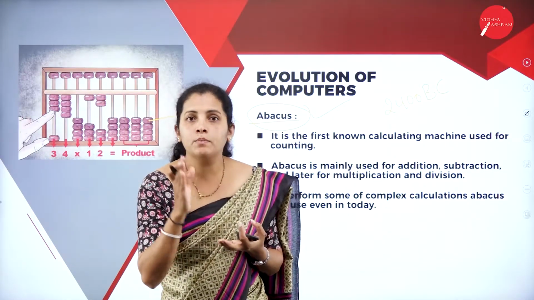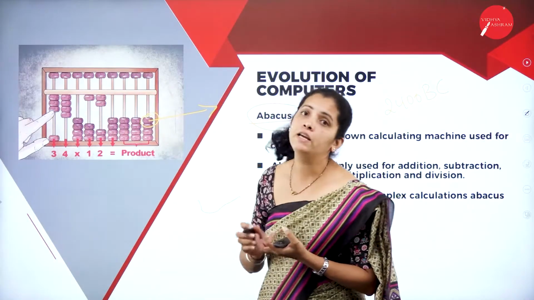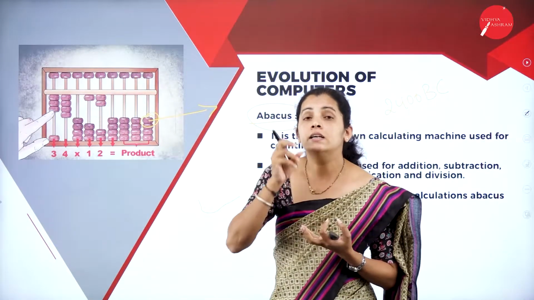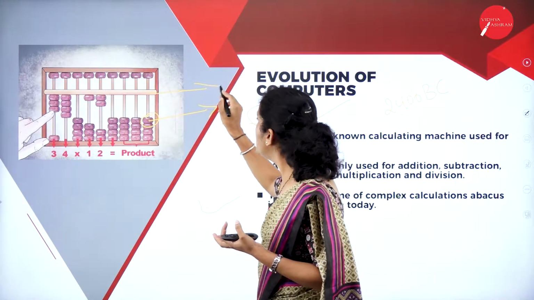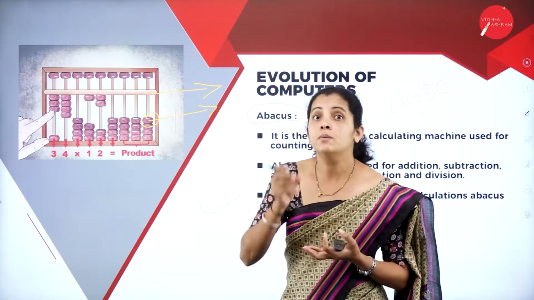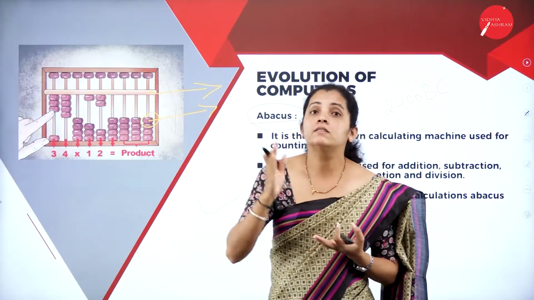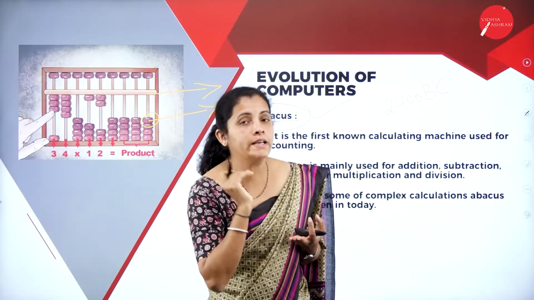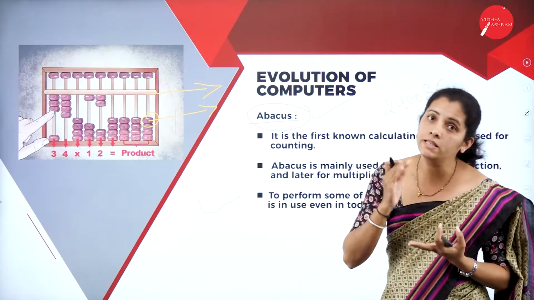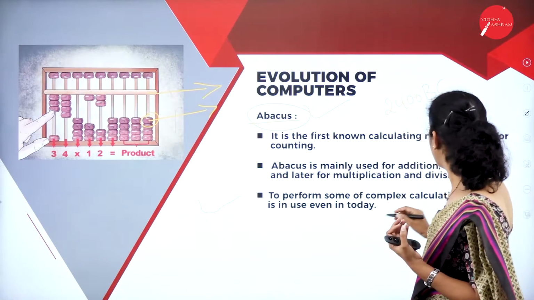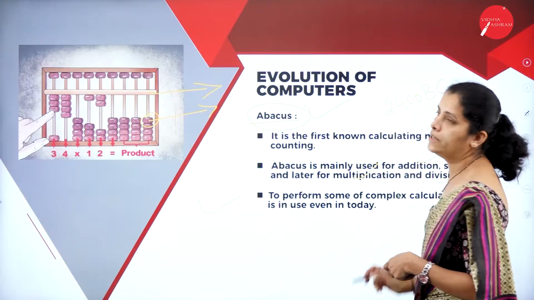Dear student, I'm going to repeat once again that the beads are mainly used to define the decimal digit, whereas the chords are mainly used to define the position of the decimal digit. And this is the first mechanical calculating device, and it is mainly used to perform basic mathematical operations like addition, subtraction, multiplication and division.